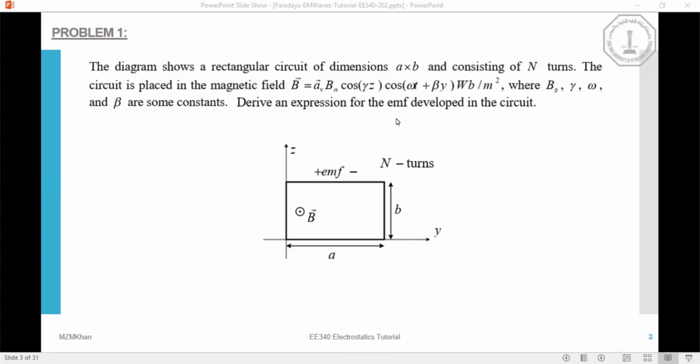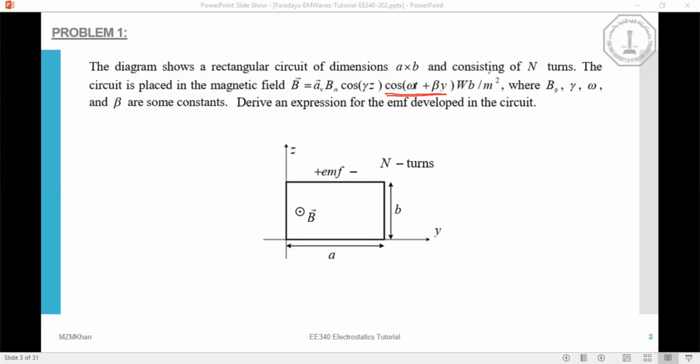Now we need to derive the expression for the EMF developed in the circuit due to Faraday's law, because our coil is placed in a time varying magnetic field. If you look at this expression, it tells us my magnetic field is time varying.